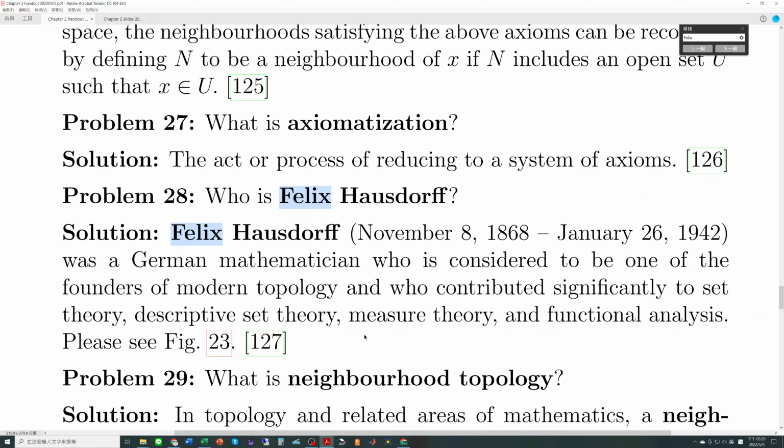Due to the time limitation, I do not want to introduce what descriptive set theory, measure theory and functional analysis are. Please see figure 23.